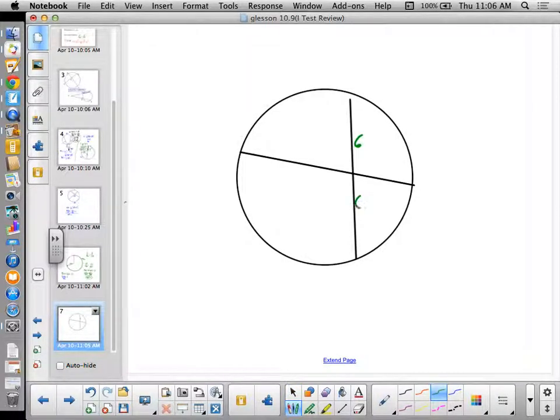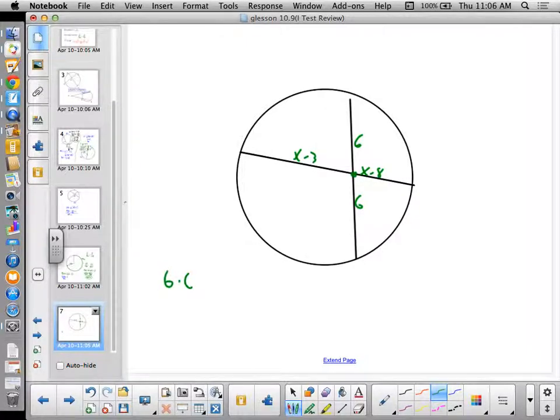It's 6, x minus 8, x minus 3. So how am I going to set it up? Start at my point of intersection. Which segment do you want to start with?